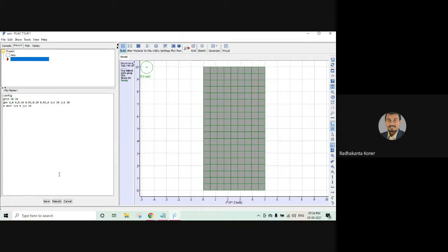To consider that, we have considered 10 grids in the column direction. 50 millimeter divided by 10 means 5 millimeter is my grid size, as well as in the horizontal and vertical direction.